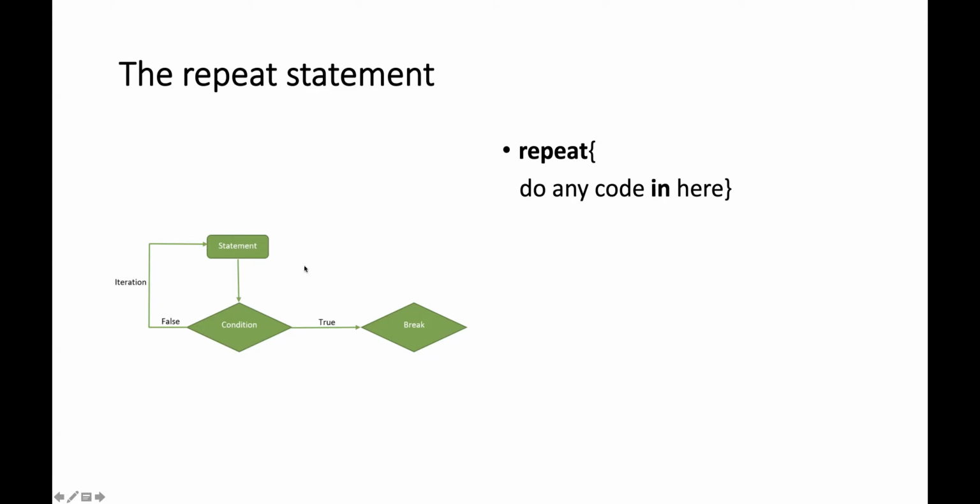The condition is to break if it is true. This works differently: when my condition is false, it just keeps iterating, and when it is true, it breaks your iteration. Maybe an example is more helpful. Let's see how it works in R together.